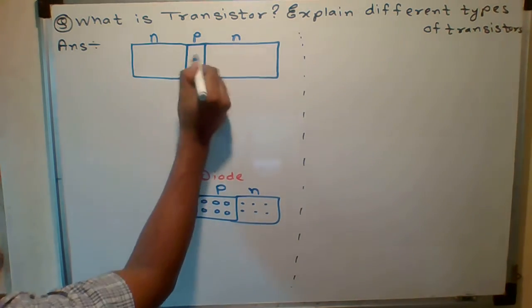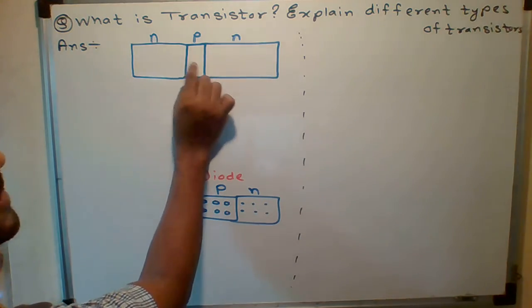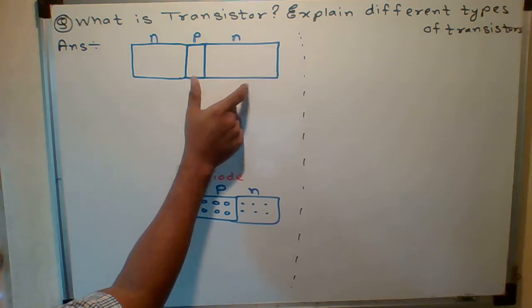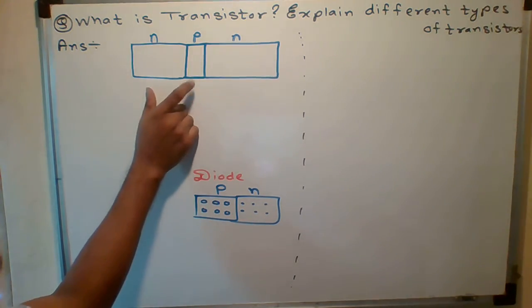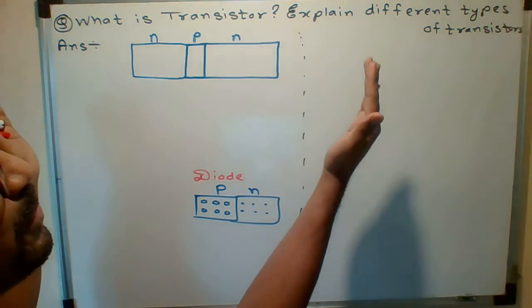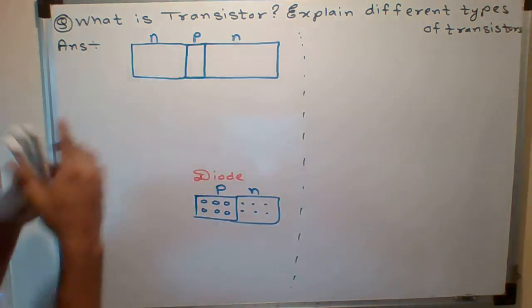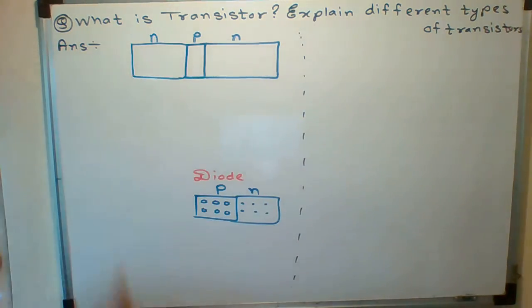Here we observe P type semiconductor in between. It is sandwiched by two N type semiconductors. It means if I consider here, this is a PN junction diode, then this is also a PN junction diode. But in this particular circuit, P is sandwiched between two N type semiconductors.